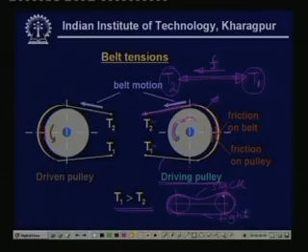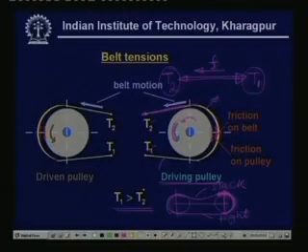Due to this slackness, you can see the angle of contact or angle of wrap comes out to be more. If there is more contact, it will be shown mathematically after some time that there will be more friction acting on this belt surface, and thereby the power transmission will be better in this case.